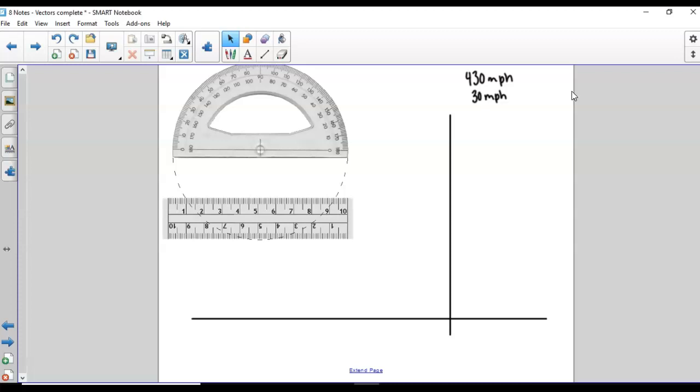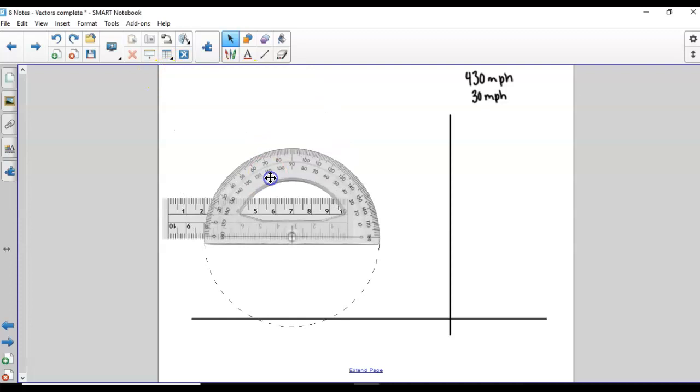So even if I did 10 miles per hour for 1 centimeter, that's probably still not good enough, because then I still have to have a 43 centimeter long paper, and that ruler you've got there only has 30 on it, so that's still way too long. So how many miles per hour do you think we should let 1 centimeter equal?